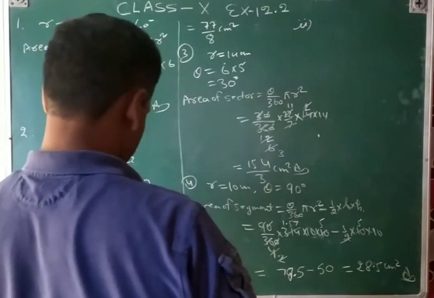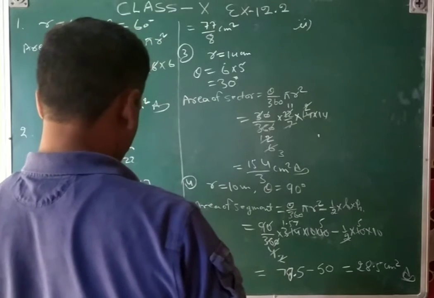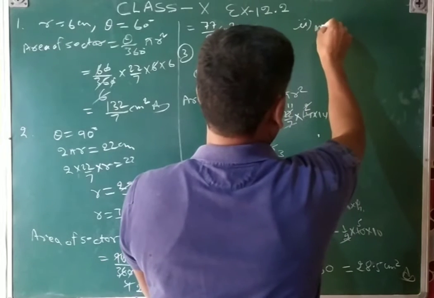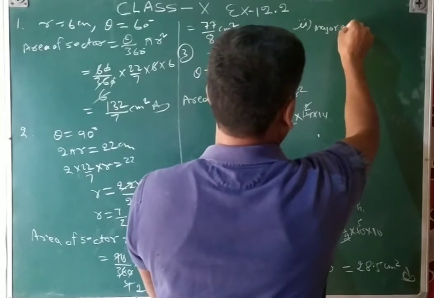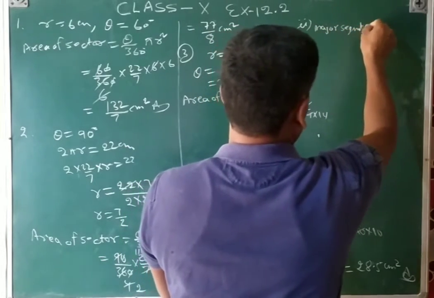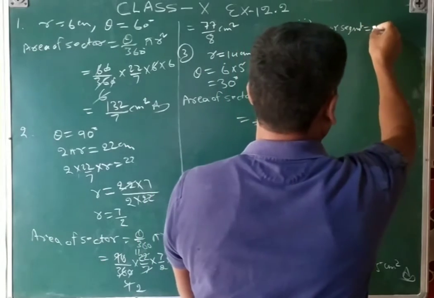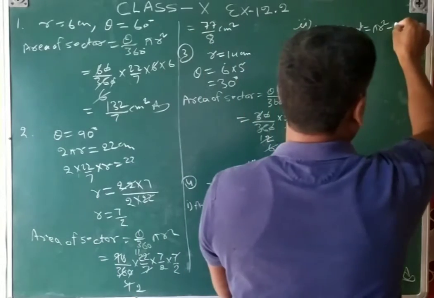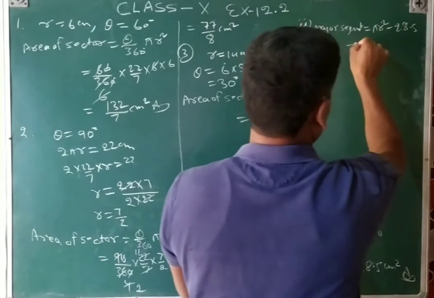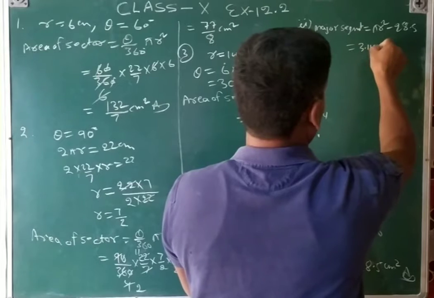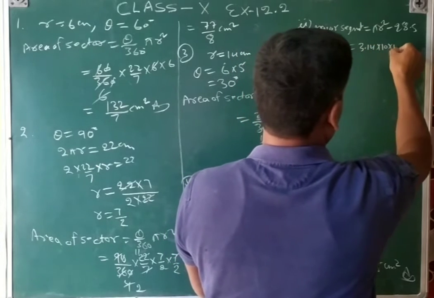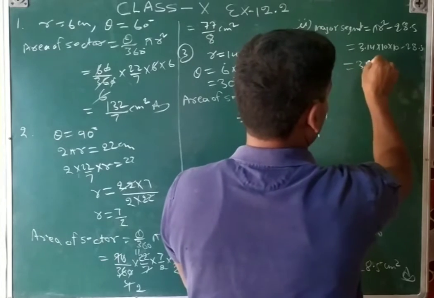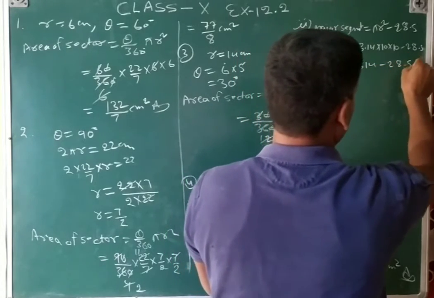And then second part, area of major segment. Major segment is equal to the area of the circle, pi r square, minus the answer we found, 28.5. So 3.14 into 100 minus 28.5, that is 314 minus 28.5.